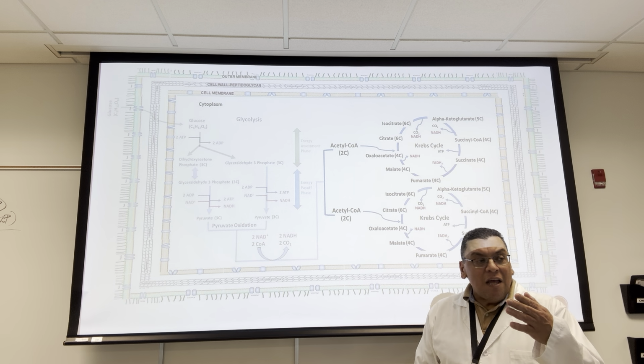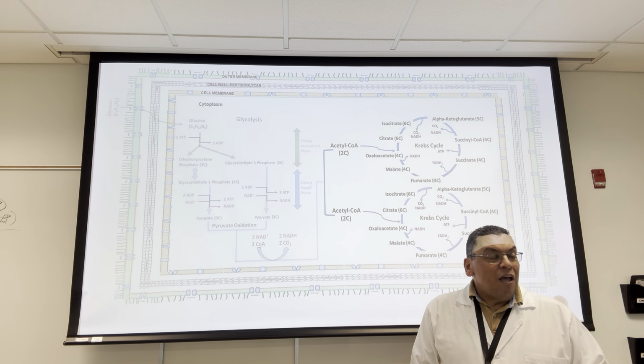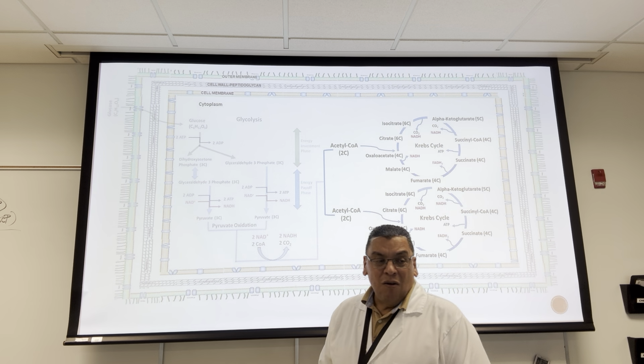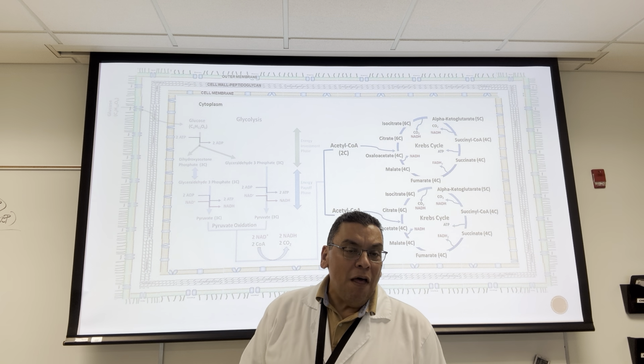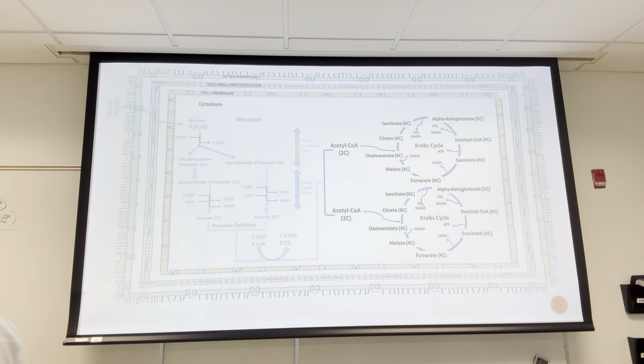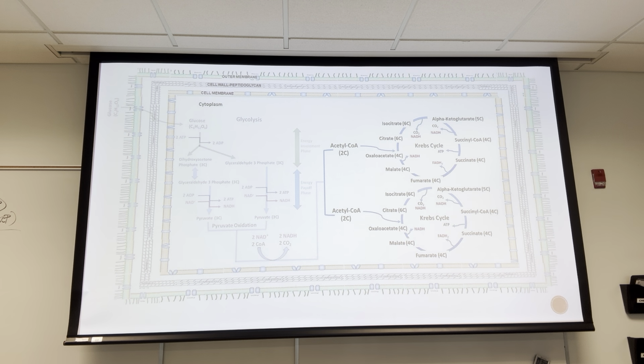And I'll give you a heads up kind of thing. Each NADH will make a maximum of 3 ATPs. So that's the conversion. 1 NADH gives you 3 ATPs, but we have 10 NADHs. So how many are we going to make? 30. Good. 1 FADH2 makes a maximum of 2 ATPs, but we have 2 FADH2.